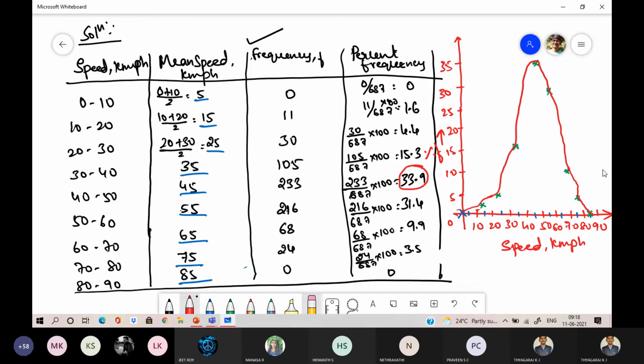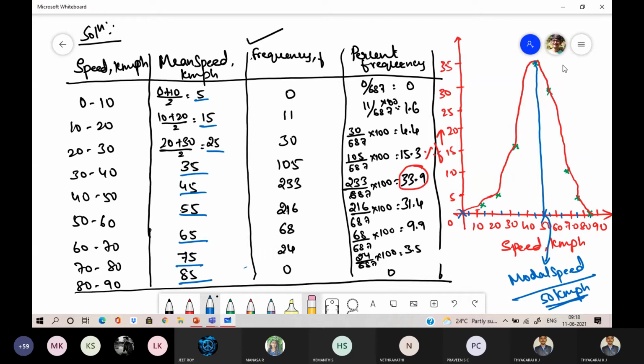So after the maximum point, draw a vertical line which cuts the x-axis. So that will be your modal speed. So 50 kmph will be the modal speed.